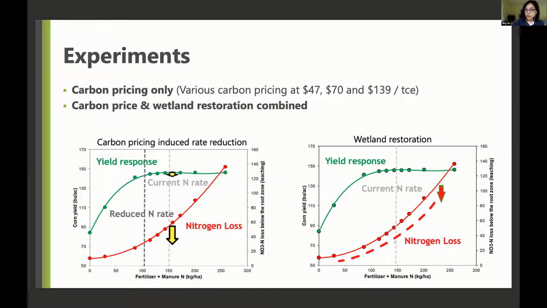So for the same amount of fertilizer applied, your leaching will be lower because of the biophysical treatment. And so in that case, you will see an even higher level of leaching reduction. So this is how the policies work, the mechanism behind the model, which can be translated back to the outcome of leaching.